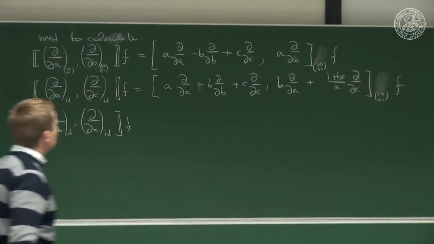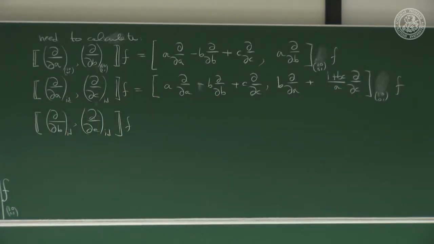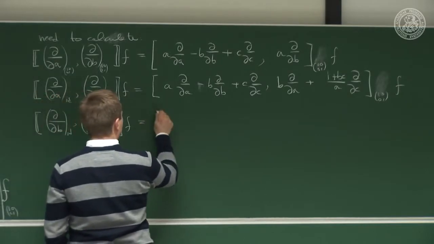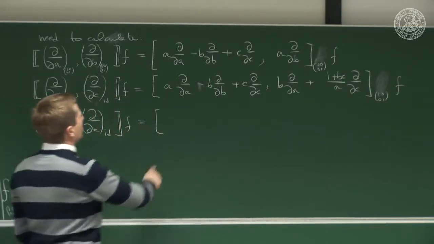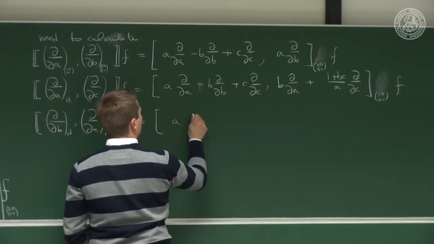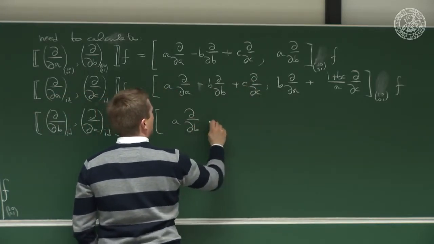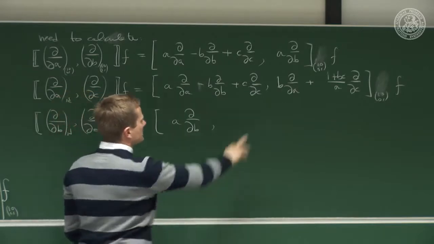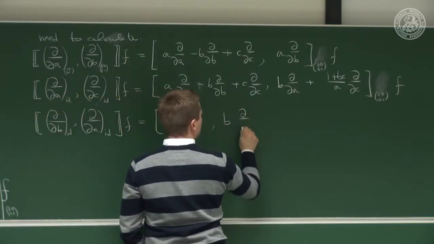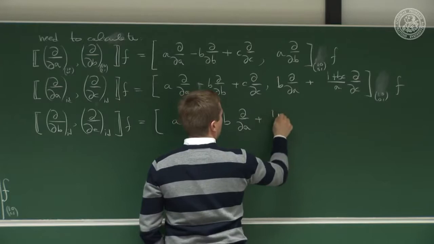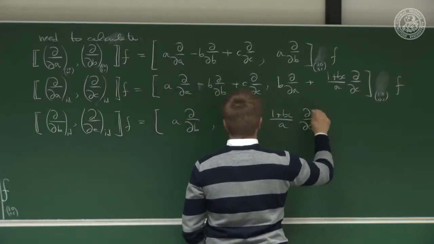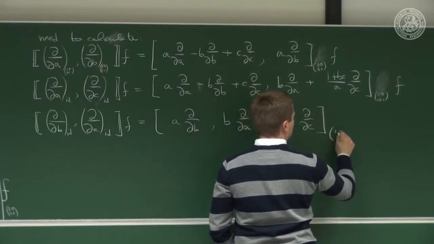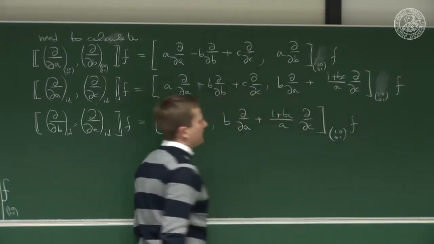Okay, so we have this, and finally the third bracket is given by the second vector field. Well, we already wrote this down here. That's the simple one, A d by dB, and the third one, this is that one, B d by dA plus (1 plus BC over A) d by dC, close bracket, evaluated at the identity on f.